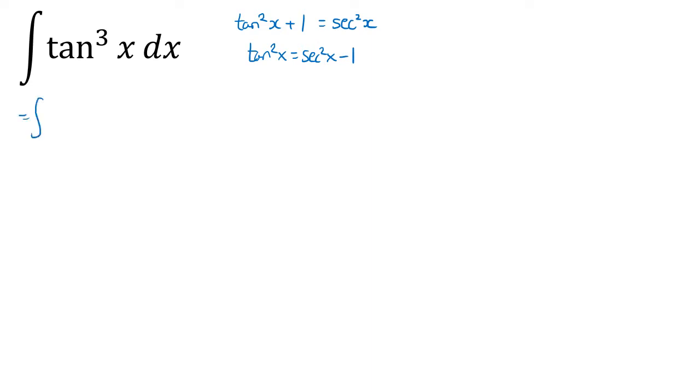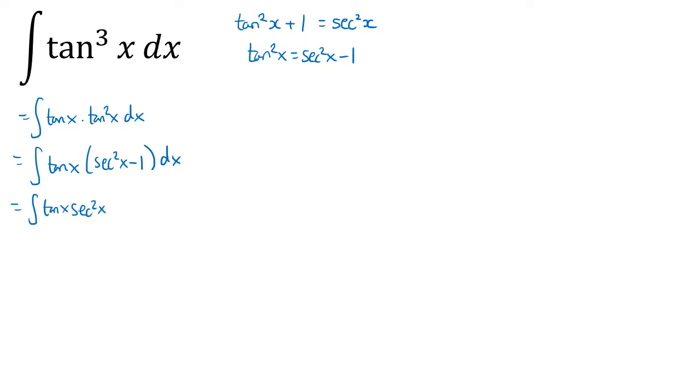So we're going to write this integral as tan x multiplied by tan squared x. So if we substitute in the identity, like so, then we can write this as tan x times sec squared x minus tan x dx.